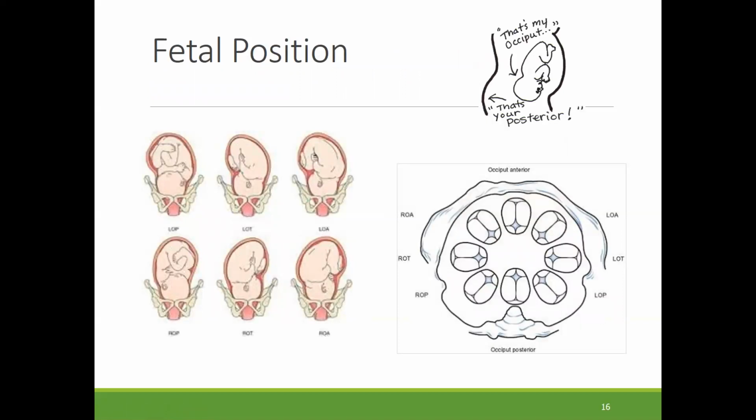Okay, so fetal position. Fetal position is the relationship of the designated landmark on the fetal part to the front, sides, or back of the mom's pelvis. So the landmark for vertex, which is the ideal position, is the occiput, so the baby's back of the head, the occipital bone, and the landmark for the face is the mentum.